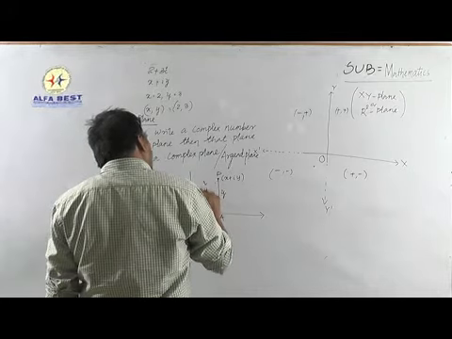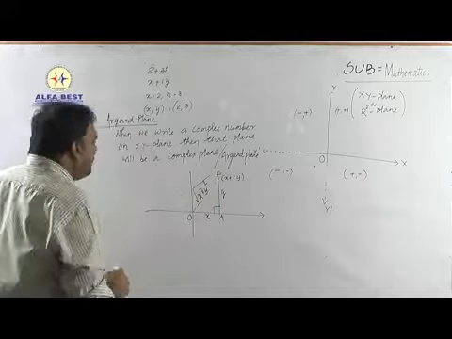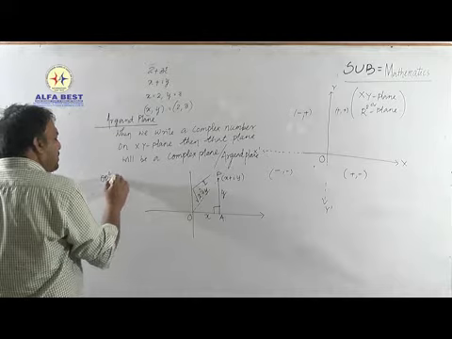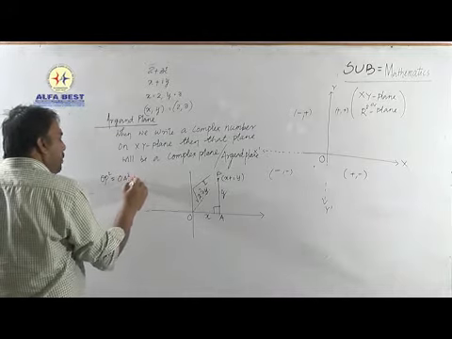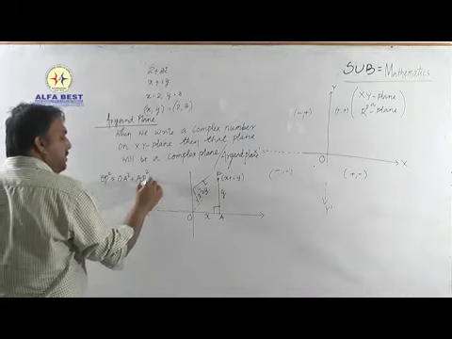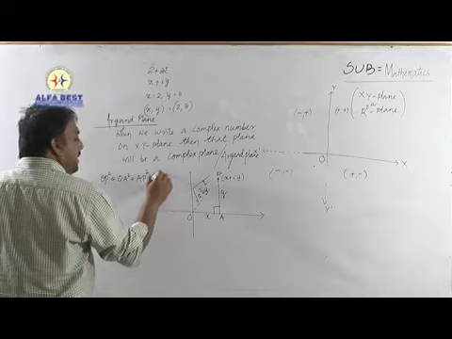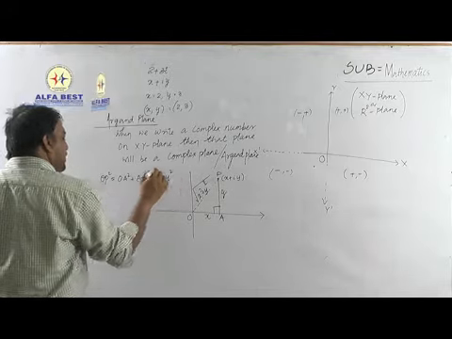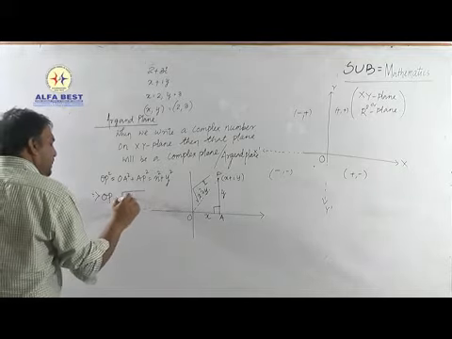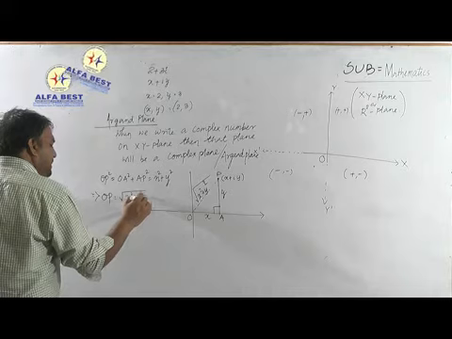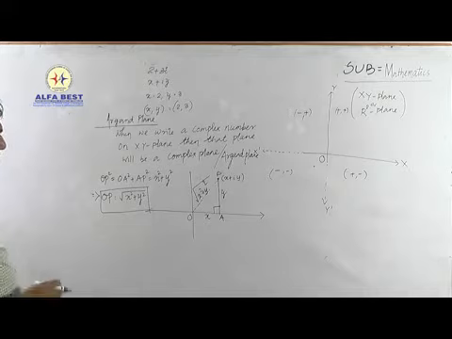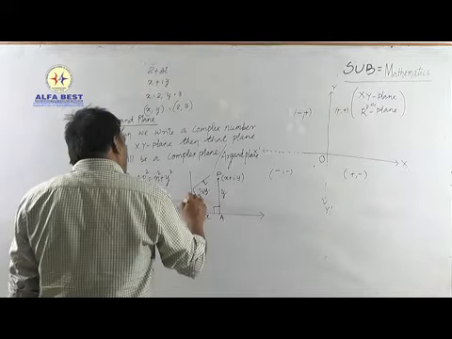You know that OP square is equal to OA square plus AP square. So OA square is x square, AP square is y square. So what will be your OP? This will be root over of x square plus y square. This is the value of OP. So this is taken as mod z.